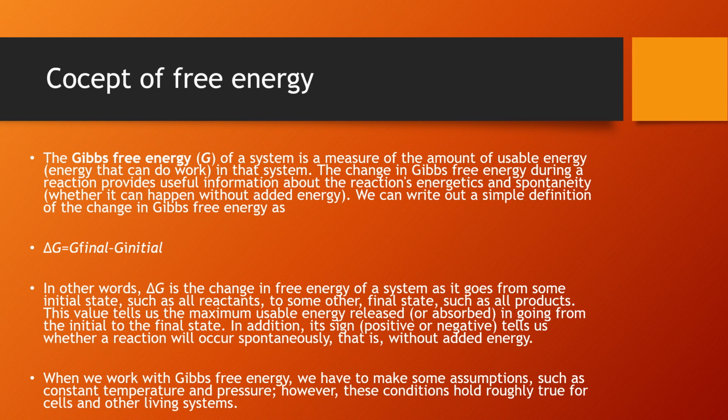That means you can determine only the change in free energy. As I said, delta G is equal to G final minus G initial. So free energy is the only form of energy which can be converted into work.